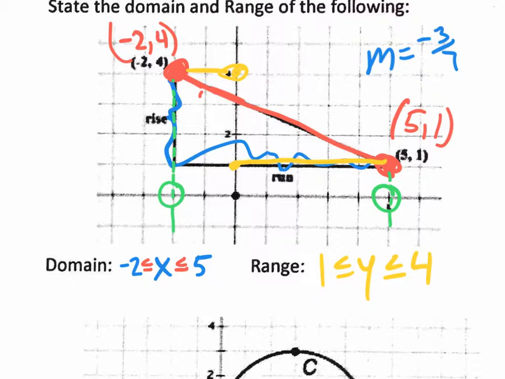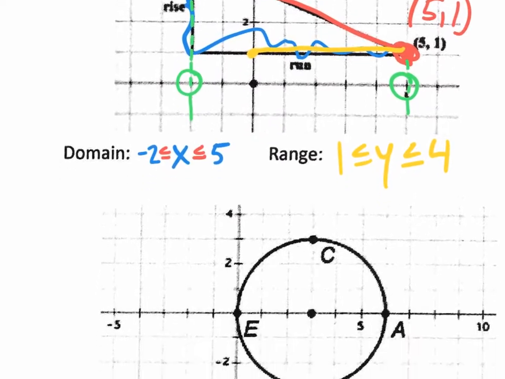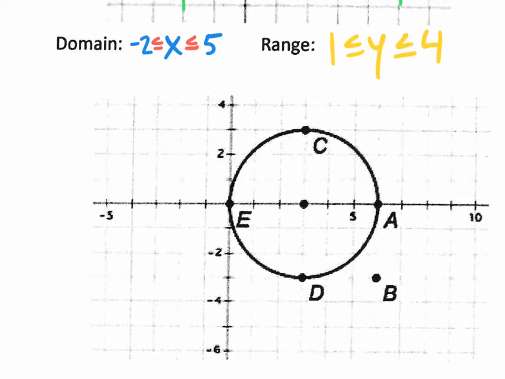Okay, the more we do, the more comfortable you're going to get. And I purposely threw out some weird stuff on these graphs, like segments instead of lines. Like a circle, right? This is not geometry, we're having a circle here, but what would the domain of this circle be in terms of x's? Because domain are your x values, range are your y values. So in terms of x's, where does this circle exist on the x number line?